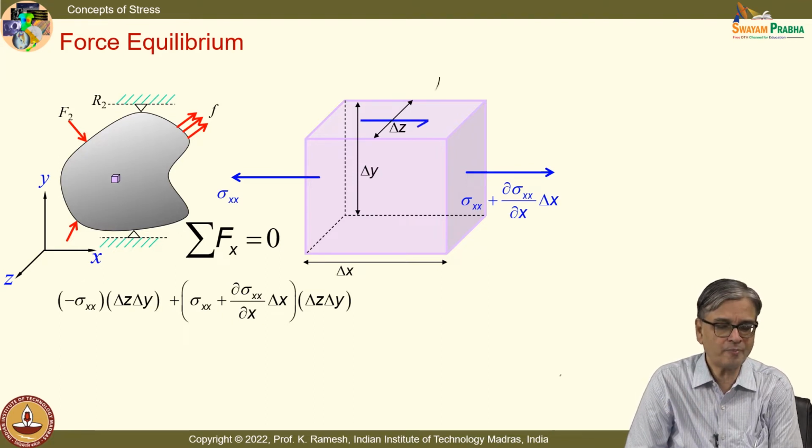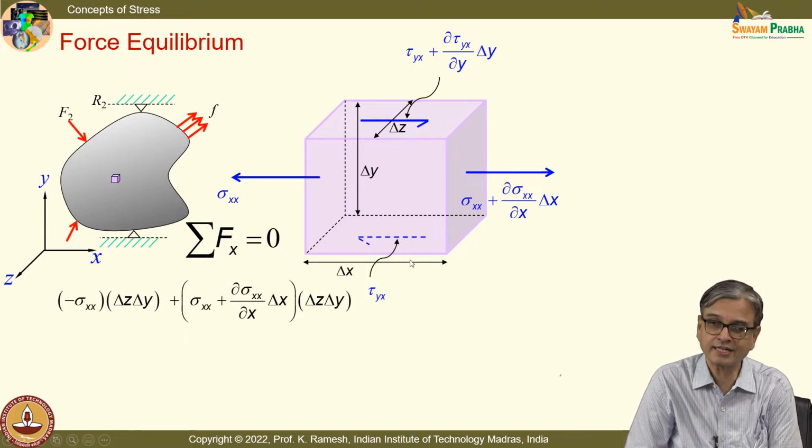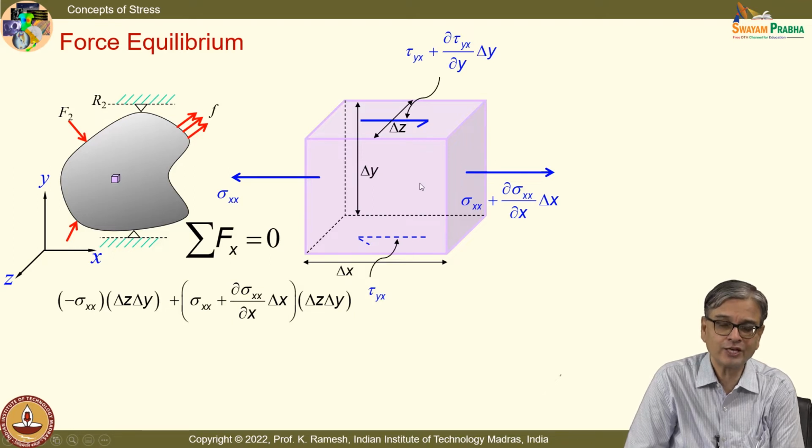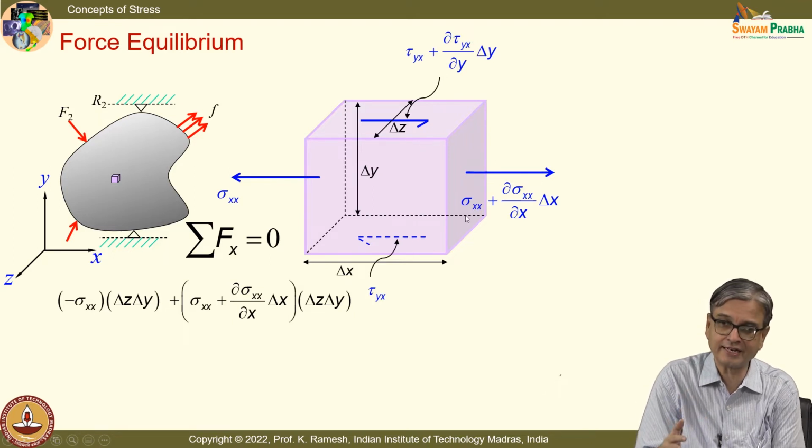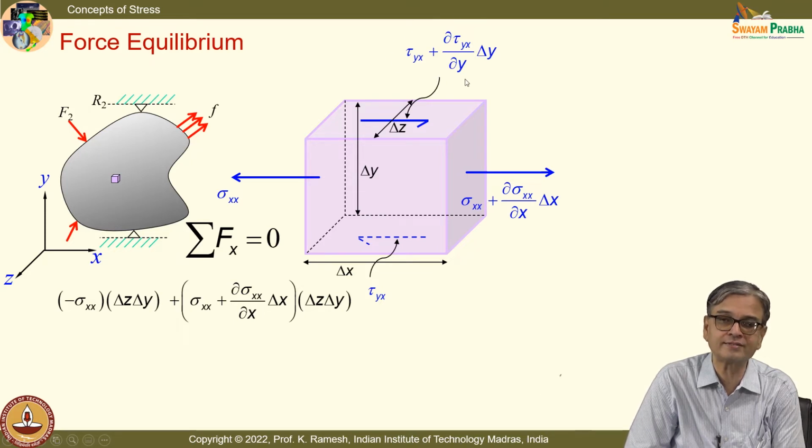Now we look at the component that will cause force equilibrium in the x direction. So I have on the negative phase tau yx, which is written using the convention. This varies in the y direction. So when it varies in the y direction, if I use Taylor's approximation systematically, this can be simply reduced to tau yx plus dou tau yx divided by dou y into delta y.